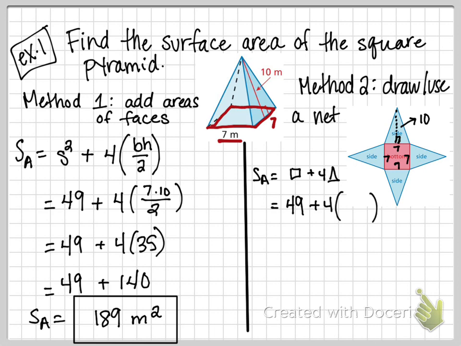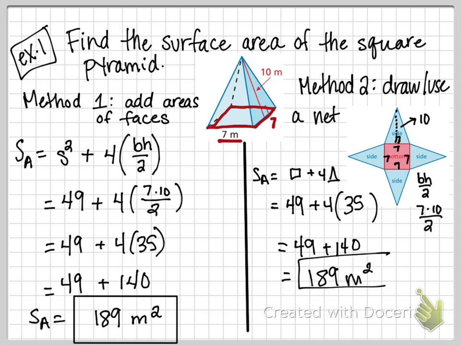Plus 4 times the area of the triangle, base times height over 2. So we know our base is 7 times 10 over 2. 70 divided by 2 is 35. This is looking very familiar. 49, plus 4 times 35, which we said was 140. So we get, once again, 189, and we label it with units squared.